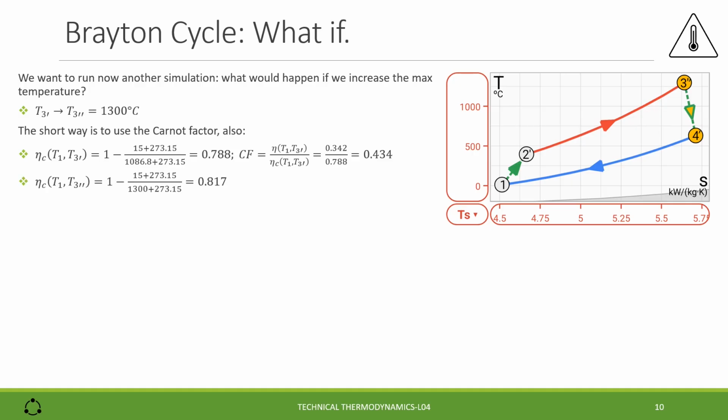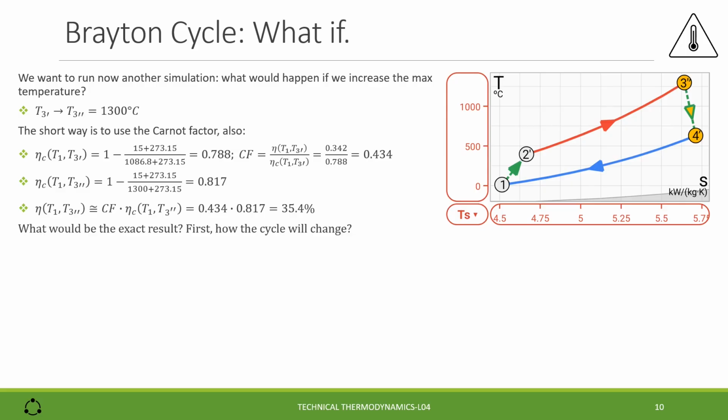Then the Carnot efficiency of the new cycle across the temperatures T1 and T3 second is 0.817, and assuming the Carnot factor is not changing, the efficiency of the new cycle across the temperatures T1 and T3 second is the product of the Carnot factor and the efficiency of the Carnot cycle, and that gives 35.4%.